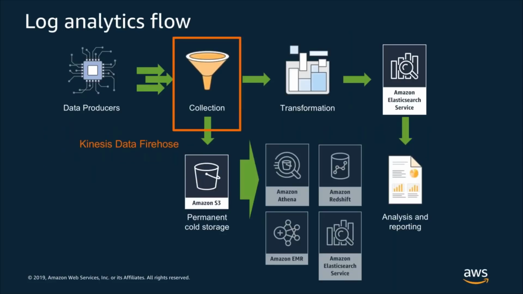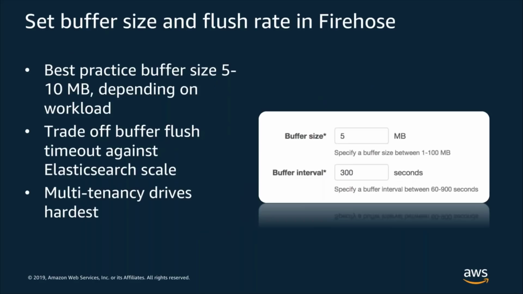So let's talk about the collection phase. When you set up a Kinesis Data Firehose, you specify a number of different parameters. Amongst those, and sort of the most important ones, are your buffer size and your buffer interval. Your buffer size and your buffer interval are how much data the Firehose holds before it sends one record out.